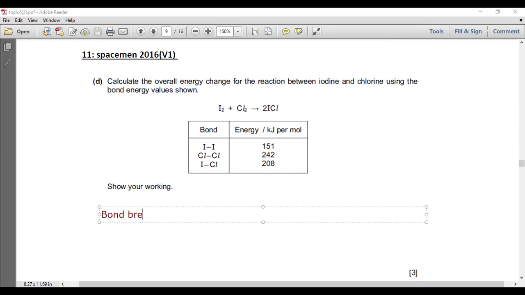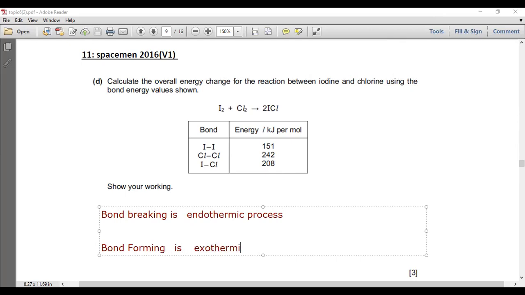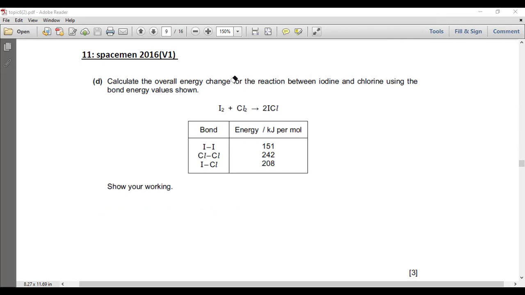Bond breaking is an endothermic process, but bond forming is an exothermic process. Put both in your mind. If you need to break the bond, this is endothermic. If you need to produce a new bond, this is exothermic.